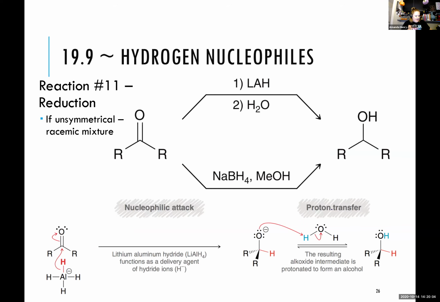We're going to look at some carbon and hydrogen based nucleophiles next. And we're starting with hydrogen. And in both of these reactions, we are using what's called a hydride. So we can start with a ketone or an aldehyde.